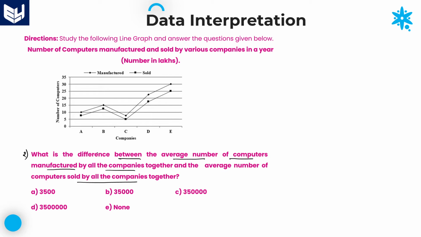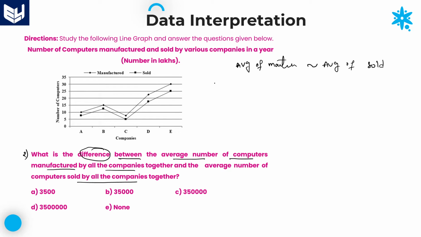First of all, we need to take the difference between which values. Note down that value. Difference between the average of computers manufactured and the average of the number of computers which are sold. That particular difference you need to take.